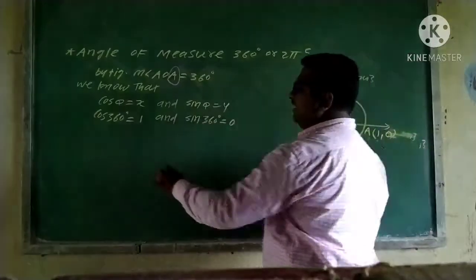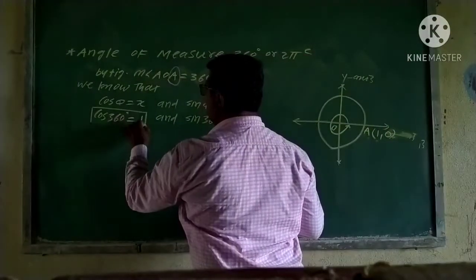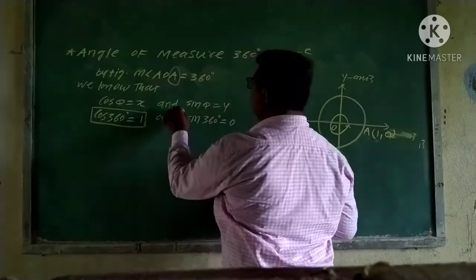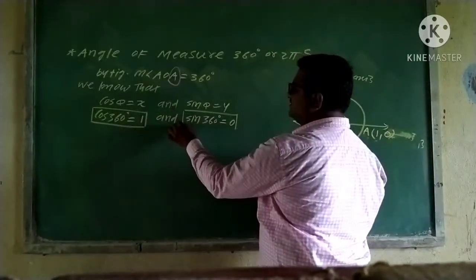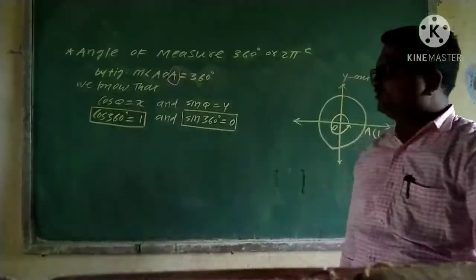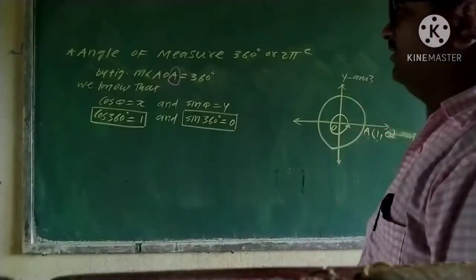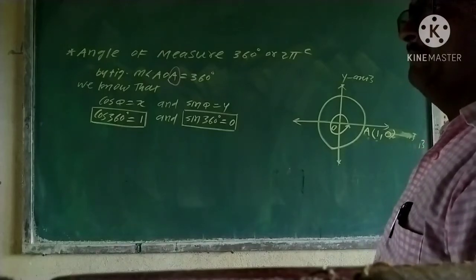These are the values of cos of 360 degree and sin of 360 degree.